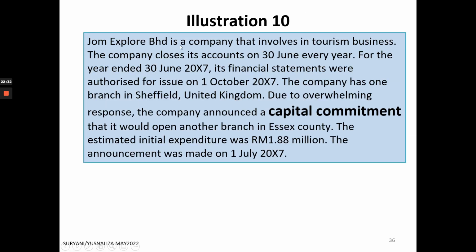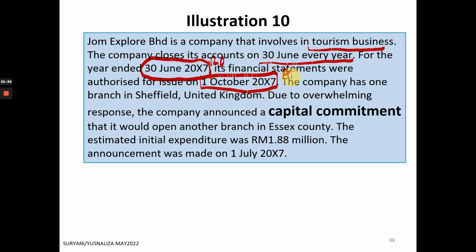Next is Illustration 10, still under non-adjusting event. It's about a company involved in the tourism business. The company closes accounts on 30th June every year, and the current year end is 30th June 2007. This is the reporting date and the year end. The authorization date for issue was 1st of October.